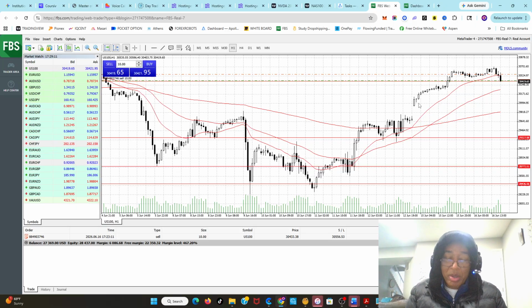Just adding the numbers. It's a risk to reward ratio of 1 to 2, so however much we are risking is what we're going to target as our take profit.